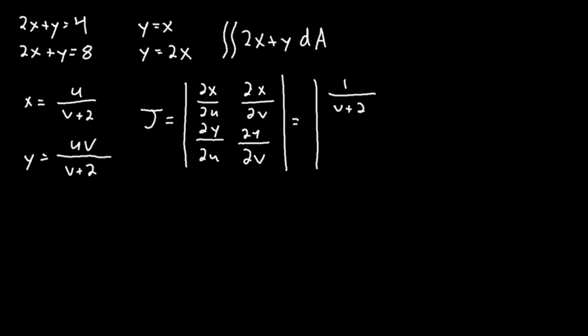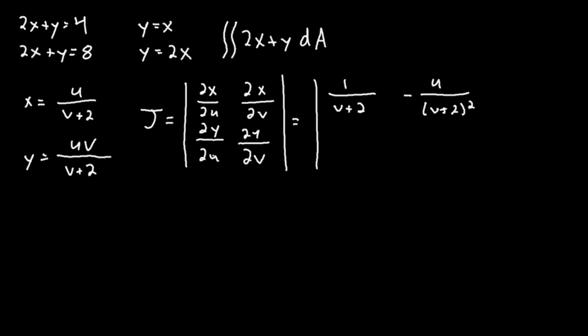The partial of x with respect to v would be negative u over v plus 2 squared.